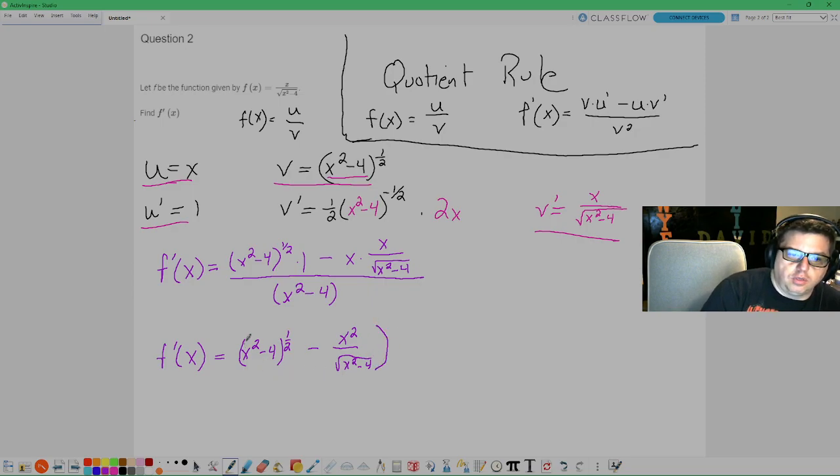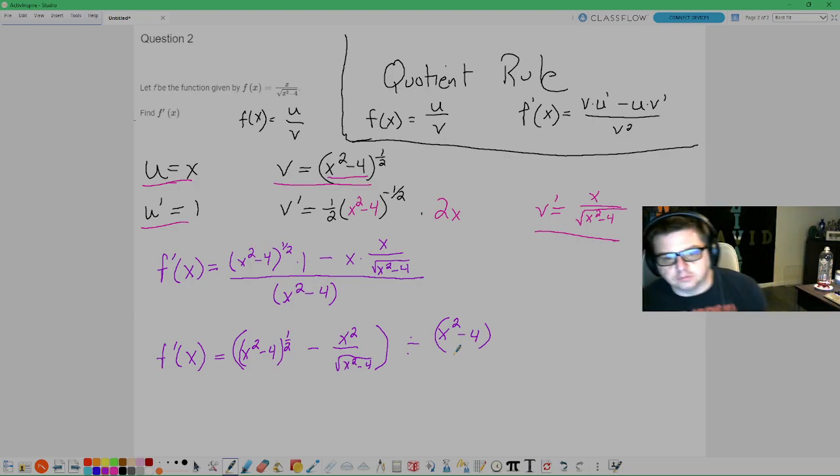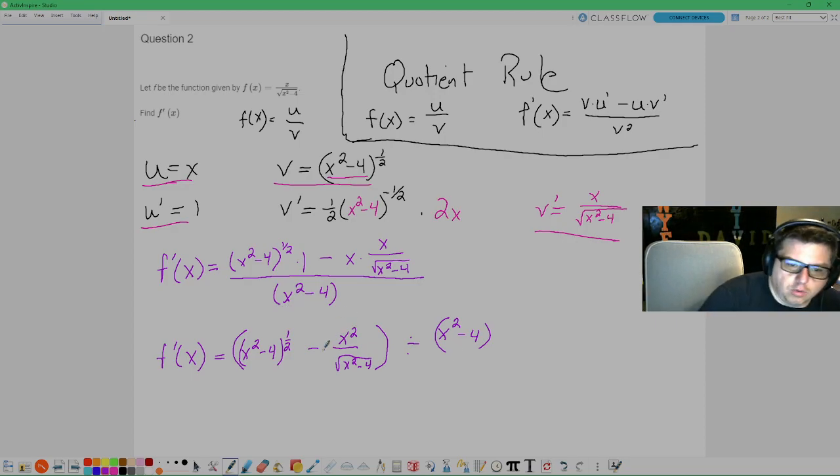And then this whole thing is divided by x squared minus 4. Now I can put it underneath and deal with that. But really, I think what I want to do is combine these very quickly to figure out what's going to be going on.